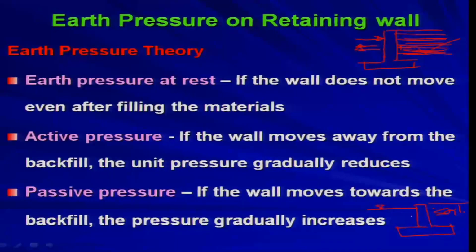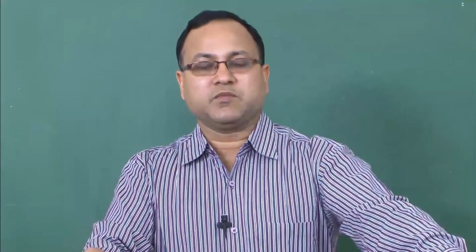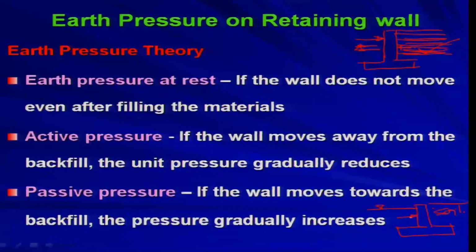Now, this water pressure will try to push this wall towards the backfill, am I right? So, this pressure due to the wave or due to any kind of static hydrostatic pressure, you will be getting some static pressure on the wall, which will try to move the wall towards the backfill, and at that time whatever pressure will be generated or exerted on the wall, like the lateral pressure, that is known as your passive pressure, right.